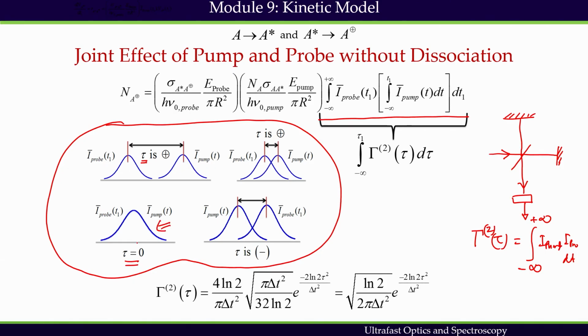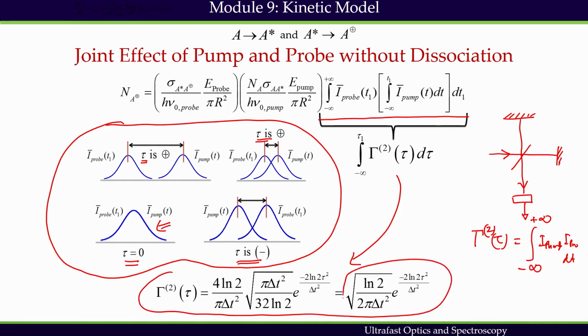On the other hand, tau can be negative, tau can be positive depending on when the pump and probe pulses are coming in time, and from the discussion of pulse measurement, we have also seen that the expression of the second order autocorrelation term is nothing but this.